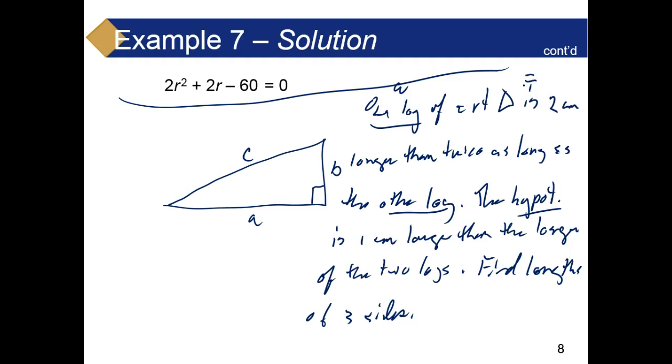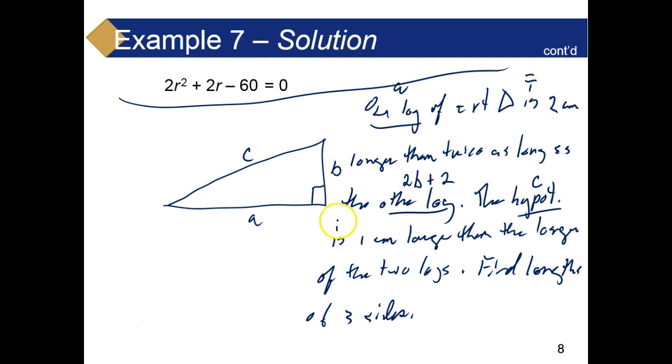Equal to 2 centimeters longer than twice as long as the other leg. The other leg you called B. What is 2 centimeters longer than twice as long as the other leg? 2B plus 2.